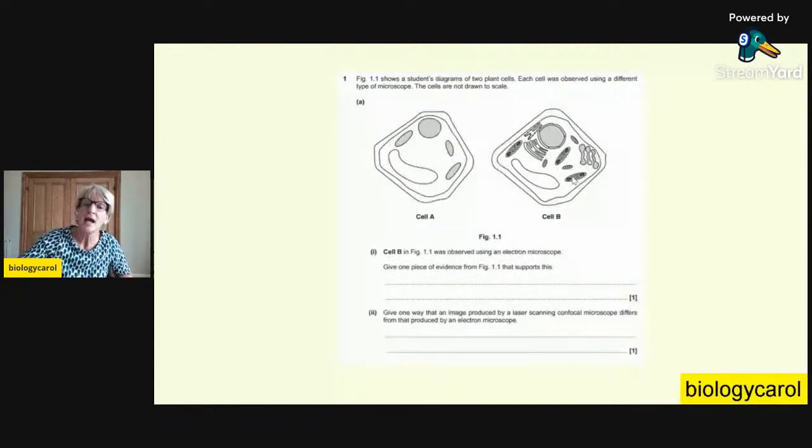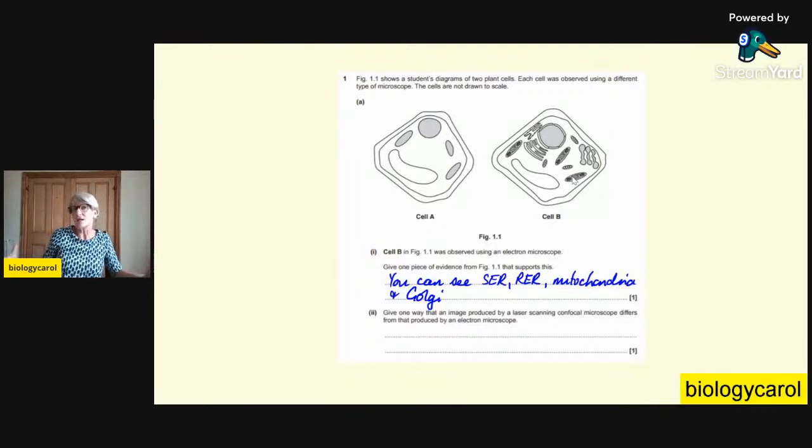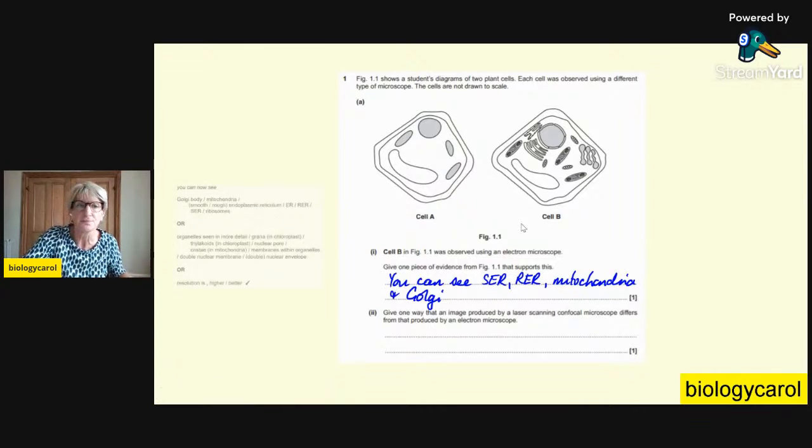And therefore, the evidence is, notice that you can't just say that you can see the organelles. What you need to say is the names of the organelles, because of course the nucleus is an organelle. So does it make sense that you can't say you can see the organelles? Because of course you can see organelles in this one, you just can't identify them.